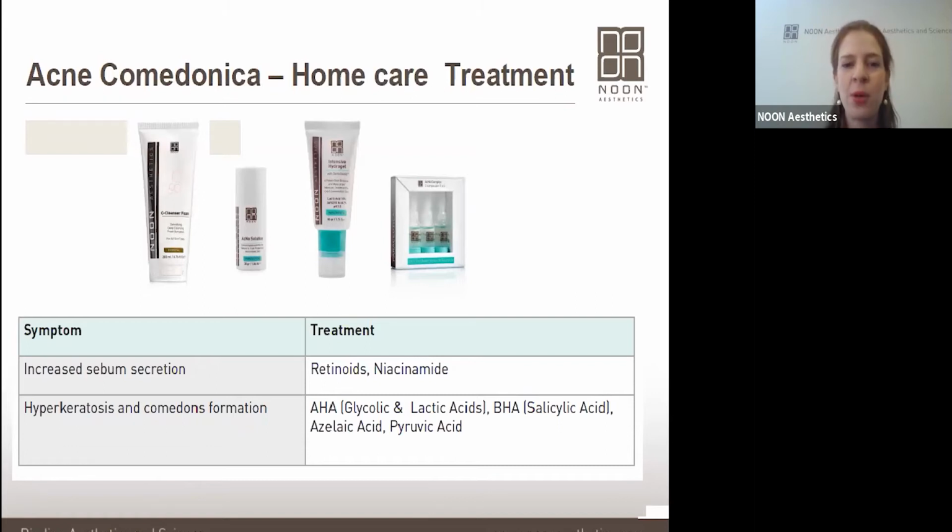We apply the acne solution and intensive hydrogel twice a day, in the morning and in the evening. And if necessary, we can also apply the acne solution in the middle of the day, it's transparent, and it can help to reduce the sebum and stay with a clear face.